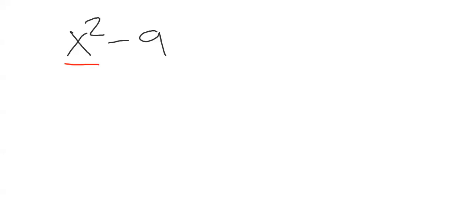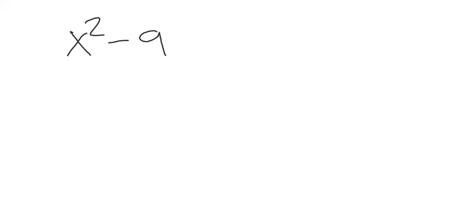And then look at this expression again. It has only two terms, as in this first term and that second term. So for you to use this method that I'm going to show you, you should have those conditions for that method to be applicable. Two things. Firstly, you should have a quadratic expression, and secondly, you should have two terms.